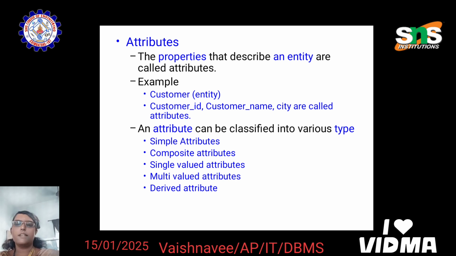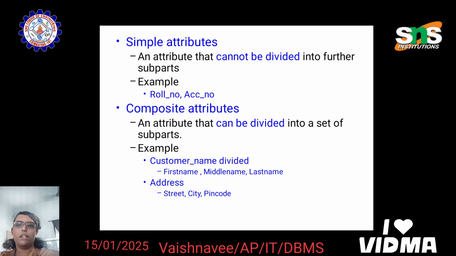Now let us look into the various types of attributes. There are simple attributes, composite attributes, single valued attributes, multi-valued attributes, and derived attributes. A simple attribute is an attribute that cannot be divided into further subparts.